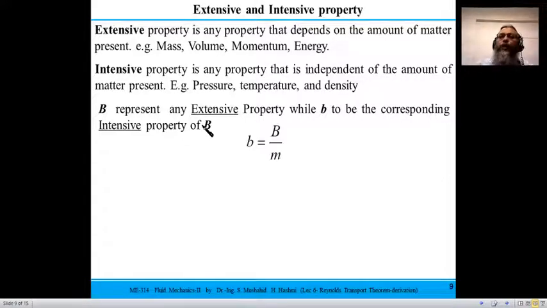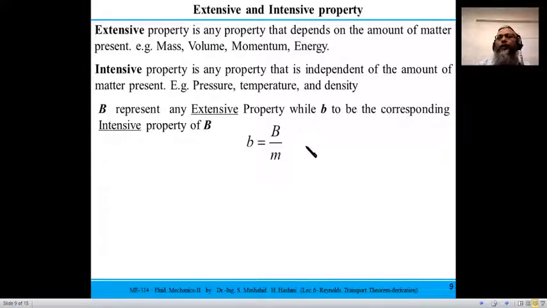The relationship between capital B and small b is that B is the extensive property, and if you divide by mass, M being the letter to represent mass, you get the intensive quantity. For example, if I want to express energy like internal energy, kilojoules is a unit for energy, which is an extensive quantity.